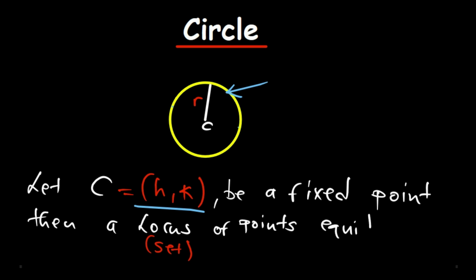Equidistant means equal distance. Okay, so there are a few things that are important here. First of all, the center should be a fixed point. Then a locus of points, or a set of points, are equidistant, or of equal distance, to a fixed point center, right? So equidistant from C.